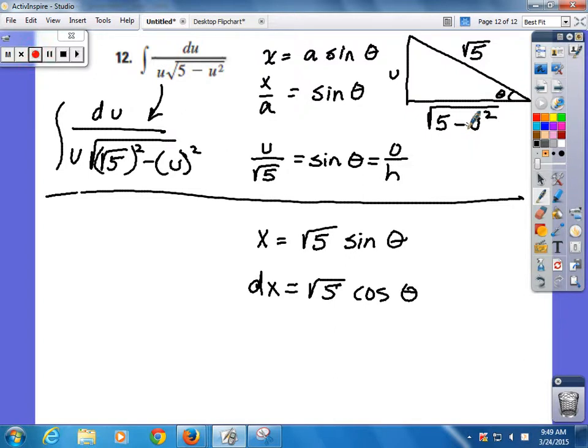And we have to find u, which we could solve for u. U is equal to the square root of 5 sine theta, since x and u are the same thing. You can put u right here also, because you need that u right there.